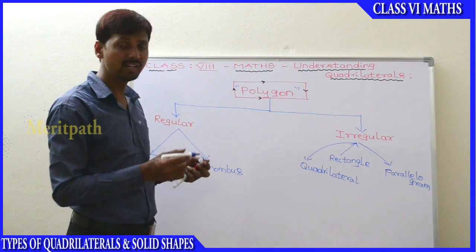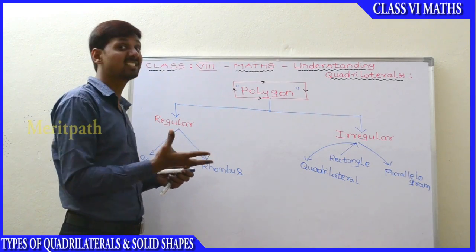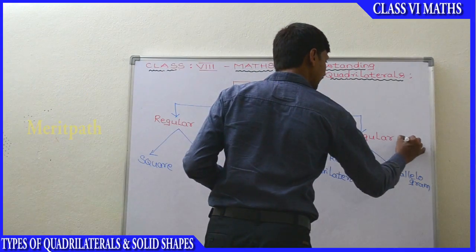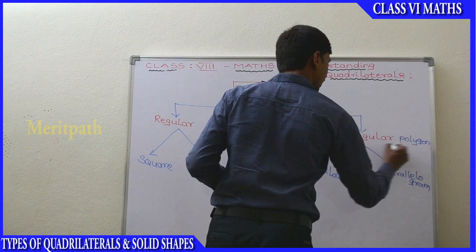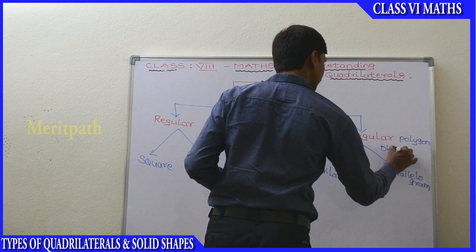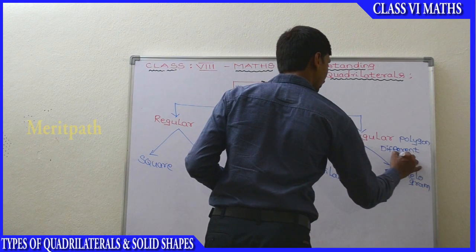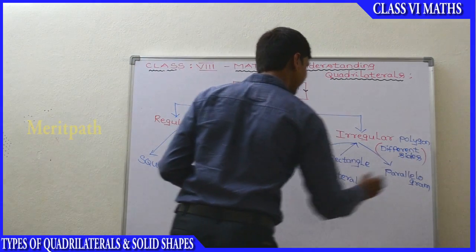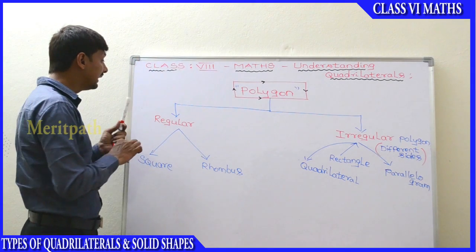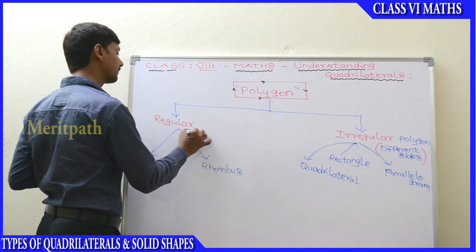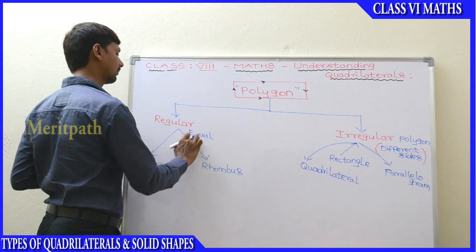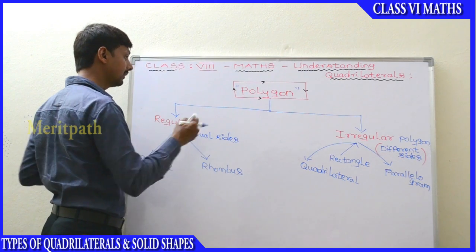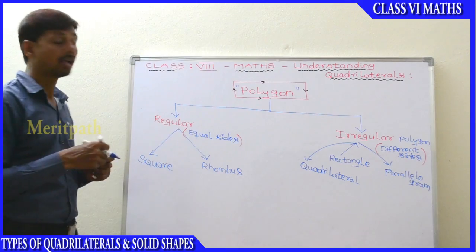We can take different sides, and then we call it an irregular polygon. These are formed with different sides. Regular polygons are formed with equal sides, and irregular polygons are formed with different sides.